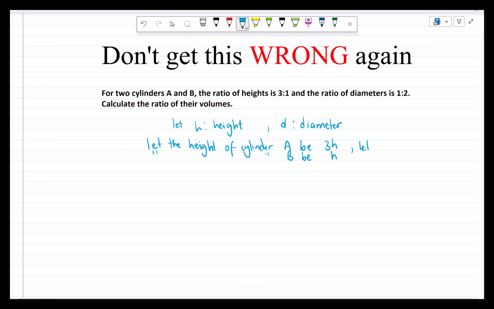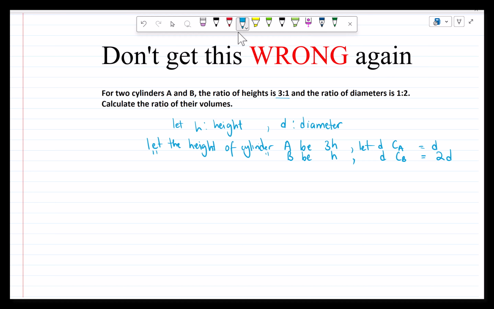So we're going to let the diameter of cylinder A be d, and the diameter of cylinder B be 2d. So these are the ratios that we have. Remember, the ratio of the heights is 3:1, and the ratio of the diameters is 1:2.